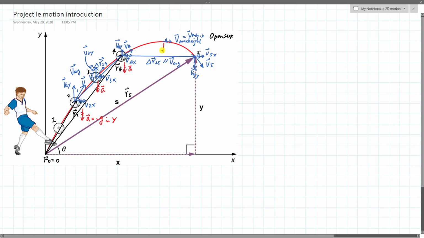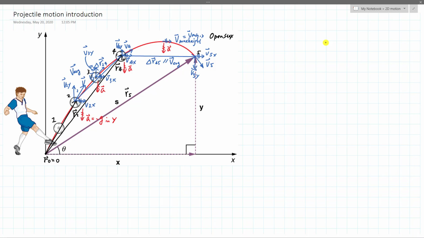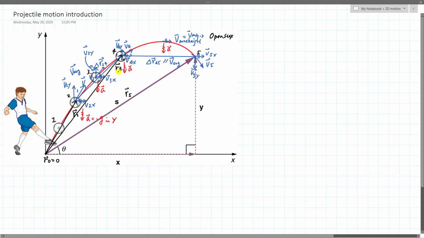Even on top, see, on top it cannot afford to not have acceleration, because if it doesn't have an acceleration, then it will not change its velocity. So it would just go up and start going forward because it doesn't want to come down. It doesn't have a velocity downward, and it doesn't have acceleration to change that no downward velocity into a downward velocity, right? So the acceleration is a constantly downward thing. That's why it keeps reducing the velocity until it's zero and keeps reducing it past zero. So here we still have a negative acceleration and even further down. So the acceleration is constant and downward pointing.